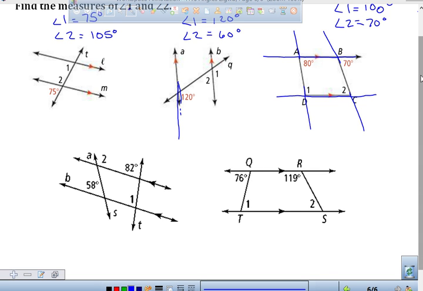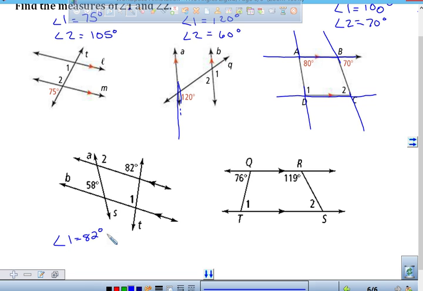If I use this transversal, some students say that 58 degrees and angle 1 are corresponding. They are corresponding, but the problem is these two lines are not parallel. These are your parallel lines. So you have to use this transversal. So 82 and 1 are the congruent corresponding angles. So angle 1 then is 82 degrees.